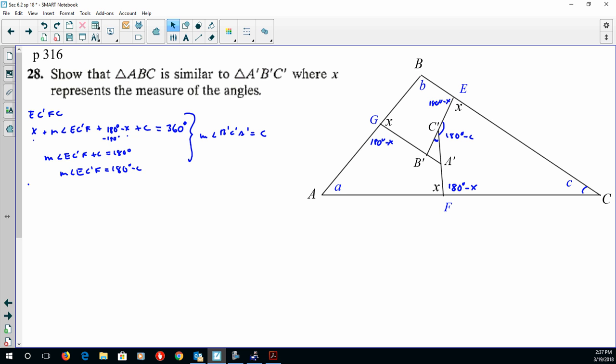Let's do the same thing with the quadrilateral up here at the top, which is, let's do G, B prime, E, B. Okay. Look at the angles there. X plus whatever this thing is.